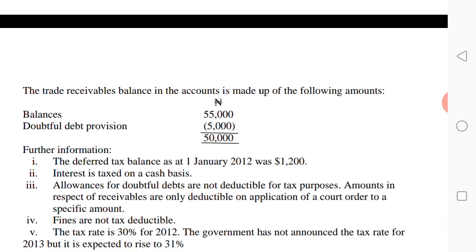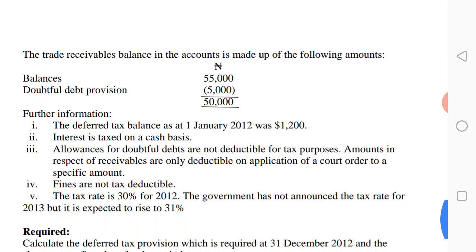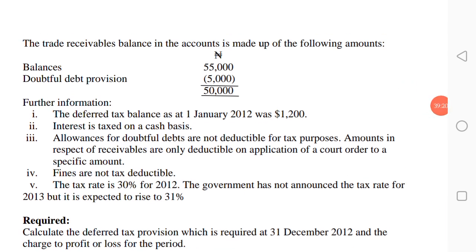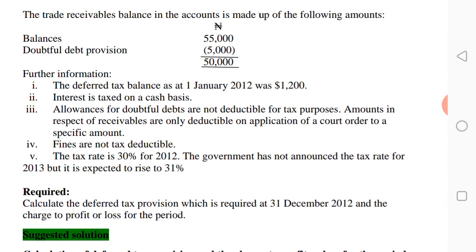That's why they got 50,000. Now further information: the deferred tax balance as at 2012 is 1,200 naira. You are also given the tax rate, and we are told that fines are not tax deductible, so you don't deduct tax.